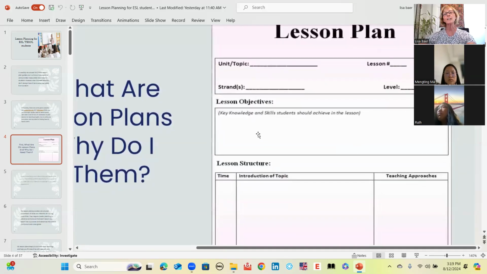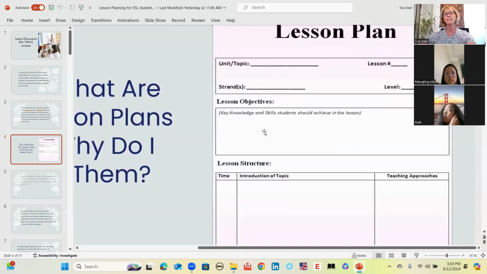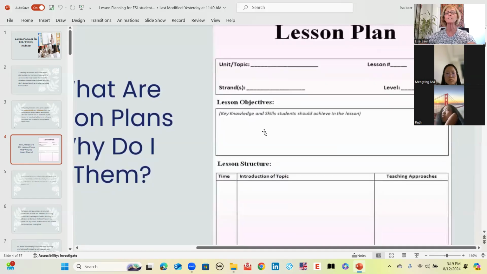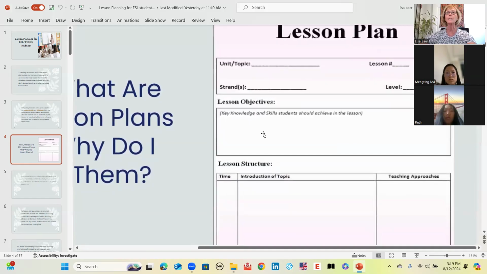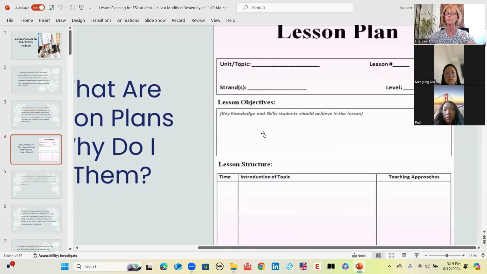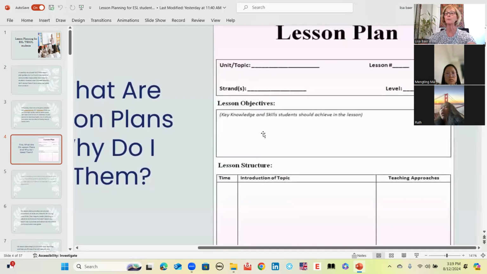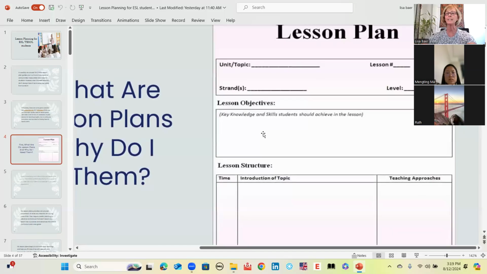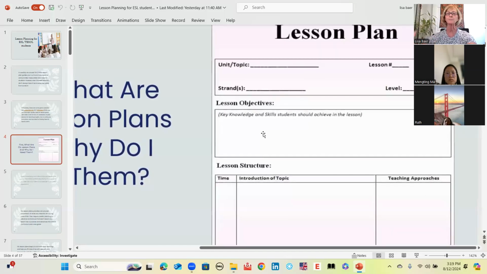So this is objectives, and objectives are basically what the students are going to learn from this lesson and what they should carry away with them. What is it that they will acquire?